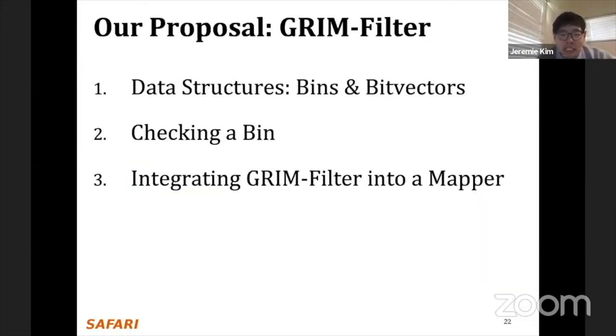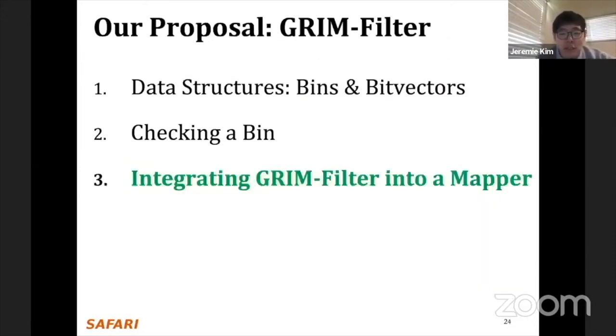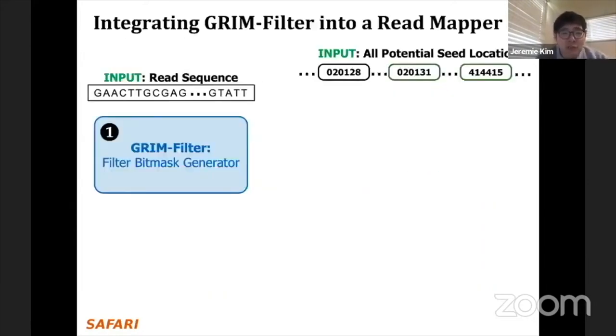So how would we integrate GrimFilter into a full read mapper? GrimFilter takes in a read sequence and all the potential seed locations as input. And remember, these potential seed locations are taken from the output of querying the hash table.